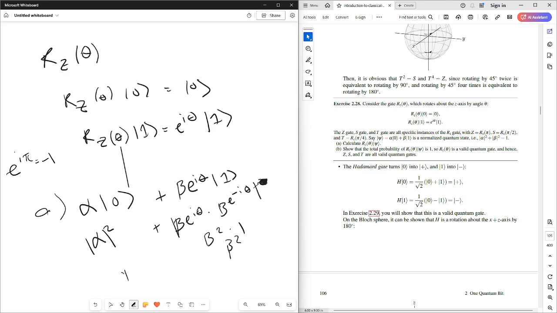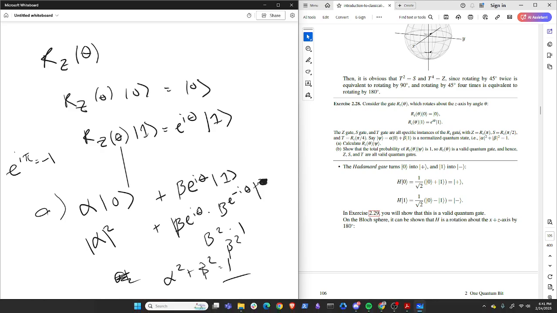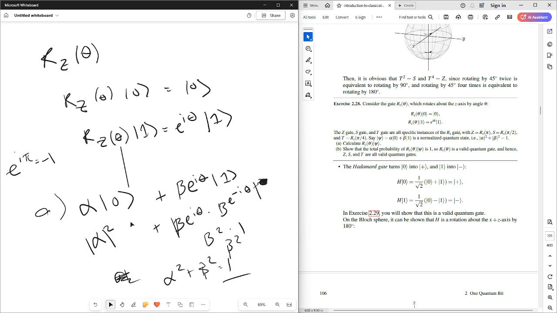So we wind up with alpha squared plus beta squared equals 1. So it does not affect normalization. This R sub z gate, using a rotation angle around the z-axis, does not affect the normalization of the amplitudes, so it is a valid quantum gate. And therefore, the Z, S, and T gates are all valid.